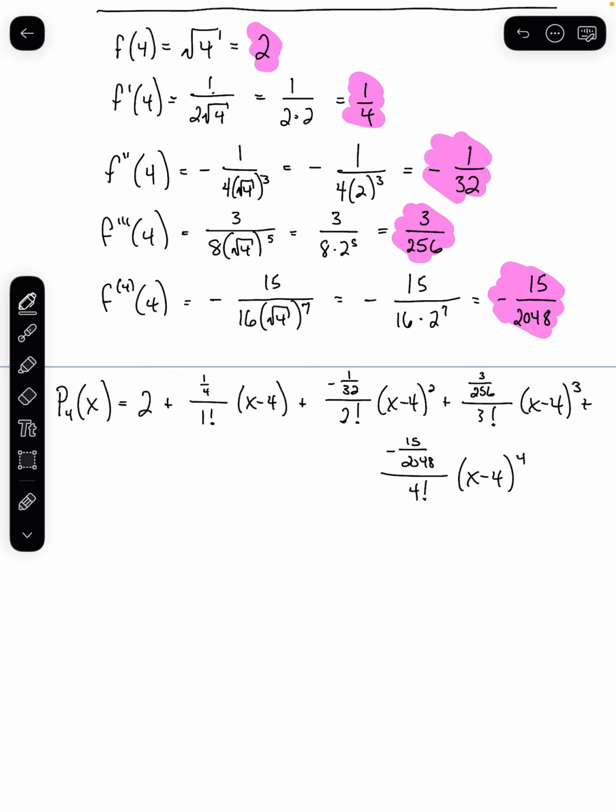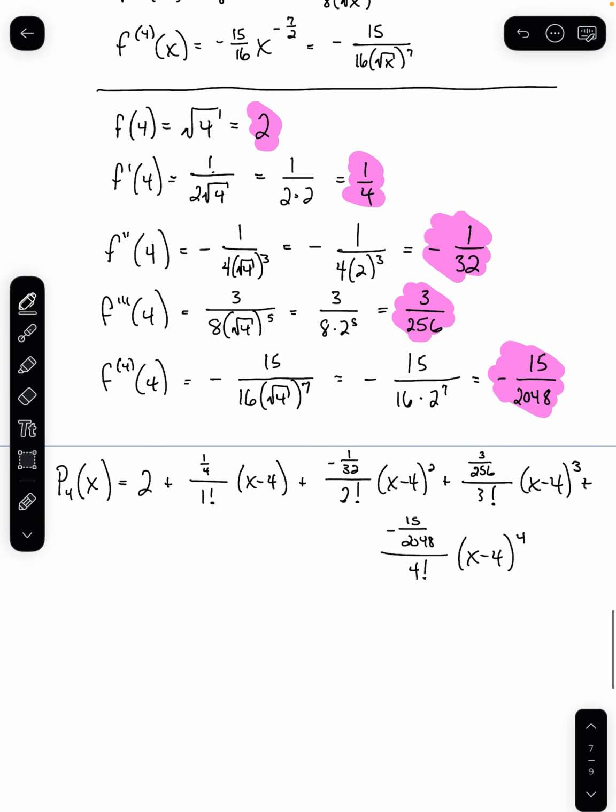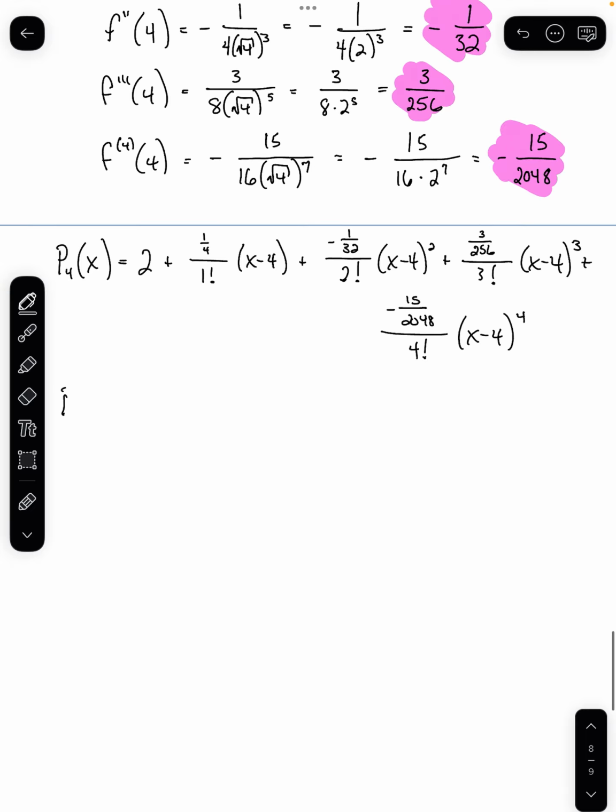Simplifying this is somewhat trivial. It's just a matter of some basic arithmetic. One factorial, of course, is equal to 1, so 1/4 over 1 is just 1/4. That part's easy. 2 factorial is, of course, 2.